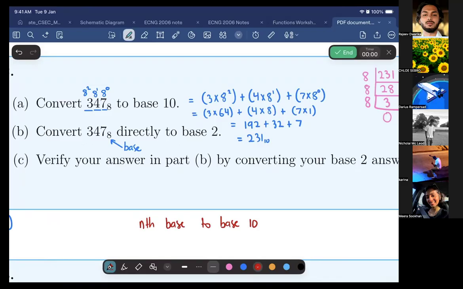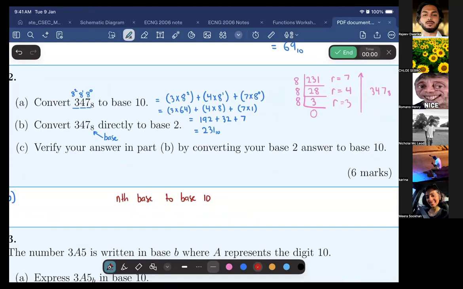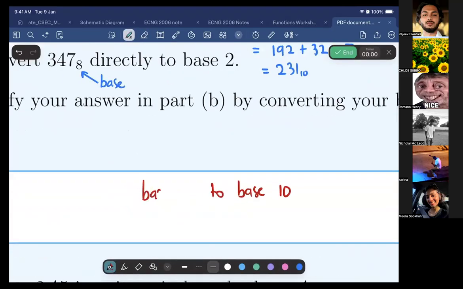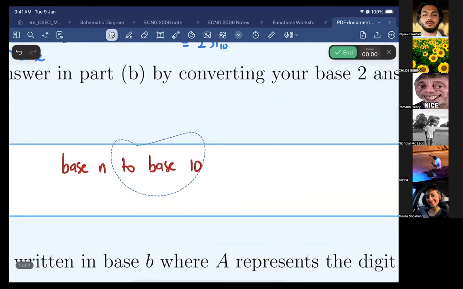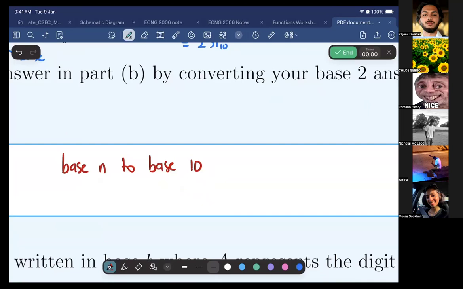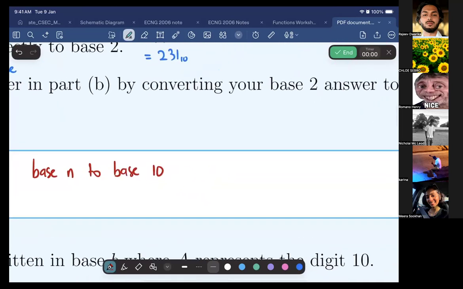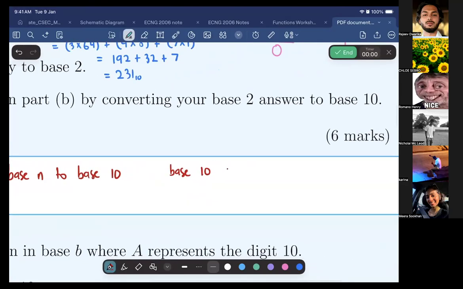Do you understand that? Yes, sir. So I showed you guys how to go from base n to base 10. n is just any number, specifically positive whole numbers. And I also showed you guys how to go from base 10 to base n.